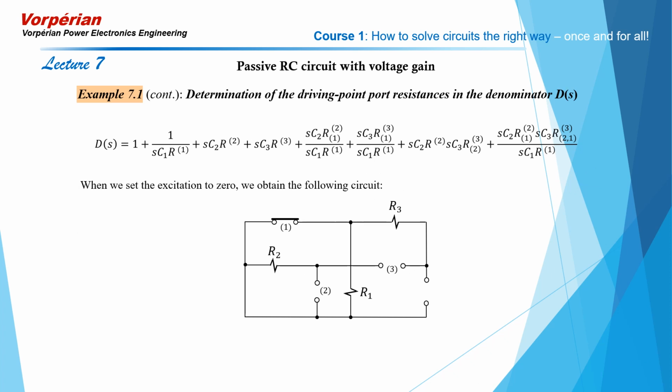We now move on to the denominator, in which we determine the various driving point port resistances, with the excitation Vin set equal to 0 as shown. In this circuit, we will determine the various port resistances R1, R2, R21, R31, R321, and so on.